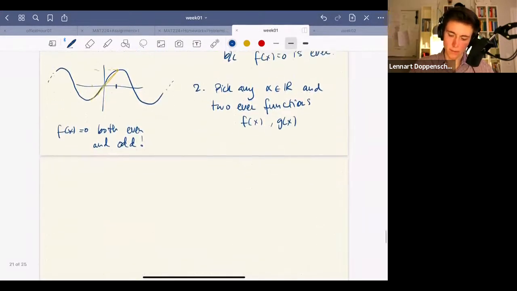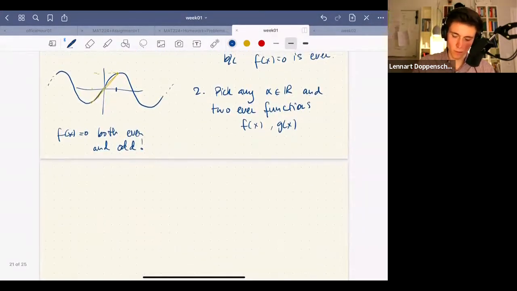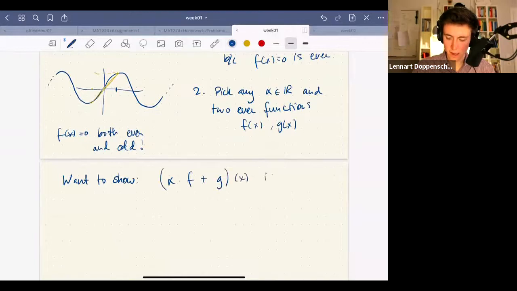And now we want to show alpha times f plus g of x is even. This is what we need to show in order to show that the operation of multiplying by a scalar and then adding another vector is preserving, is still in the subset.